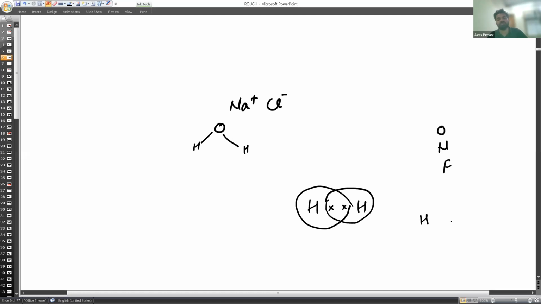But if hydrogen is making a bond with fluorine, the hydrogen atom and the fluorine atom should be like this. But actually, when it is bonded, the electron of hydrogen slightly shifts towards the fluorine because fluorine is electronegative. So this electron slightly shifts from this position to this position.